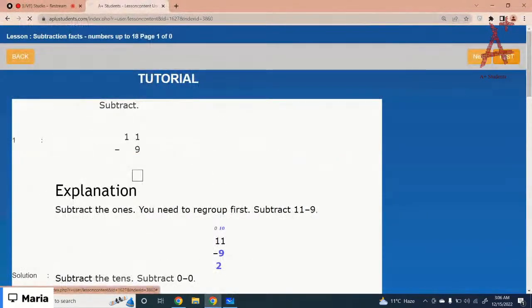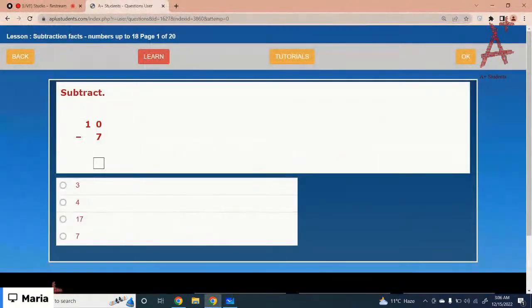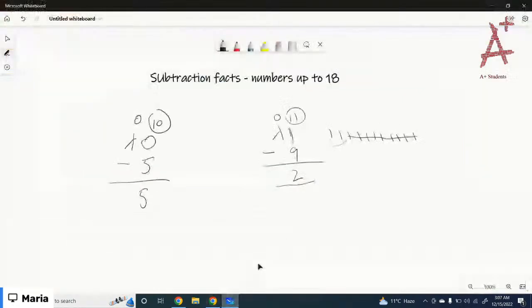Let's start with the test questions. Okay, the first one is 10 take away 7. Start with the rightmost digits. The rightmost digits are 0 and 7. You cannot subtract 7 from 0 because 0 is smaller than 7.